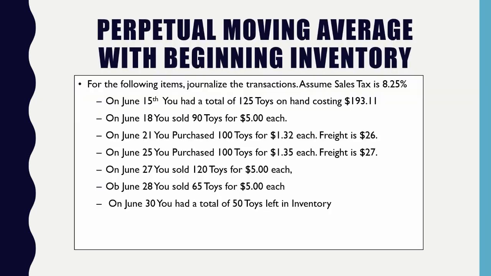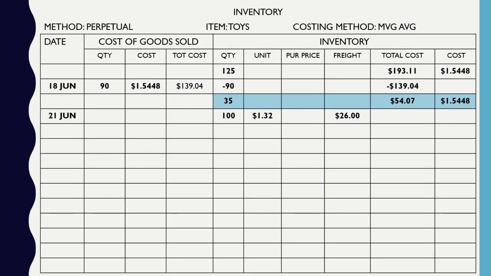Then on June 21st, we end up purchasing an additional 100 toys for $1.32 with a freight of $26. So, pop that number in there, and then we do our usual formula.